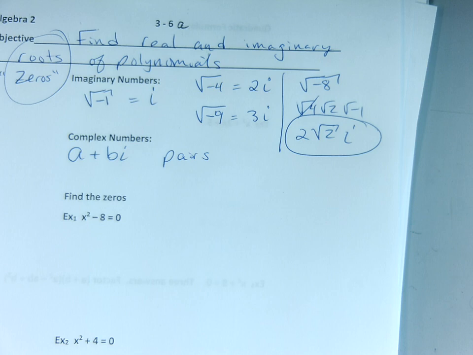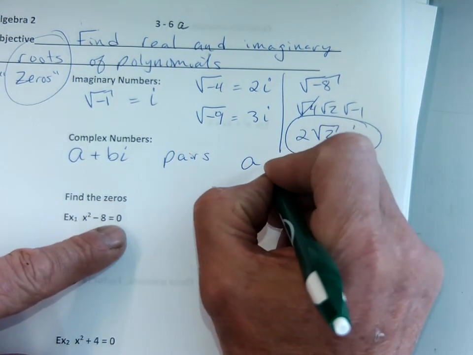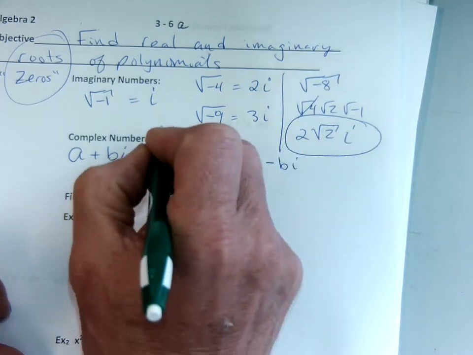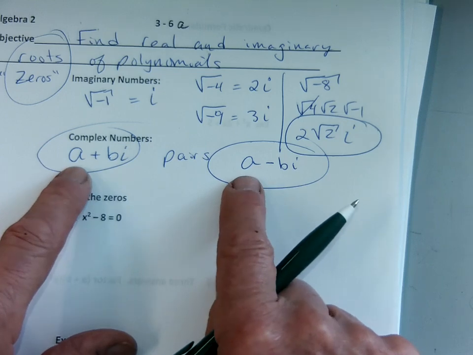There's always a plus and a minus, right? So we're going to have as answers an a plus bi and an a minus bi. So they come in pairs.